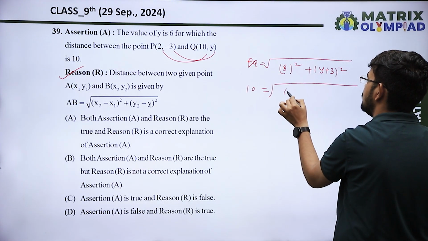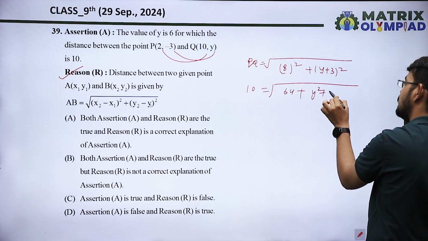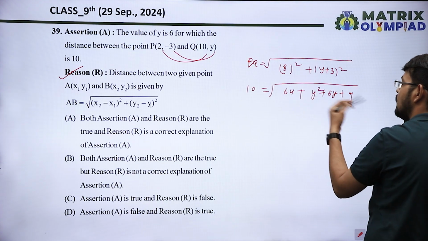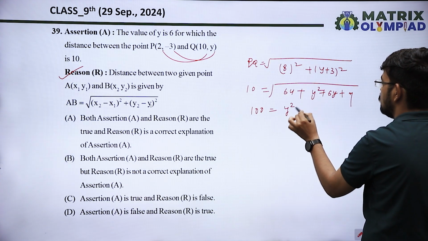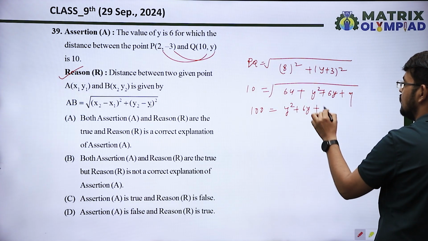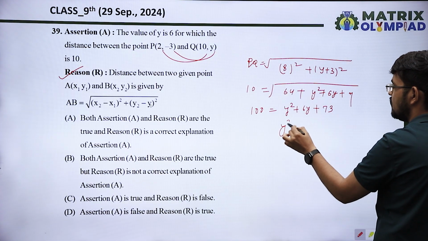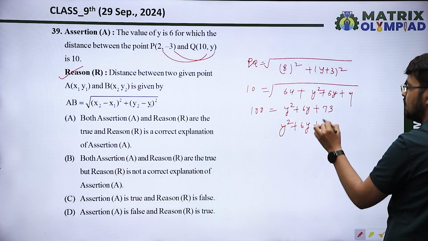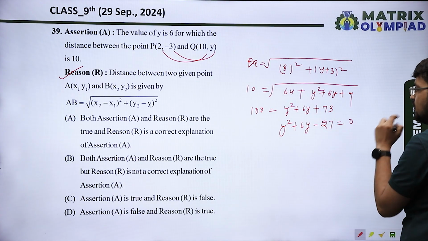So 8 square is 64 plus (y plus 3) square, that is y square plus 6y plus 9, and after squaring both sides you will get 100 equal to y square plus 6y plus 64 plus 9, that is 73. After simplification, y square plus 6y minus 27 equal to 0.